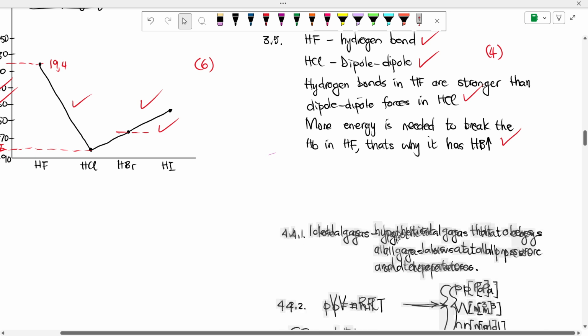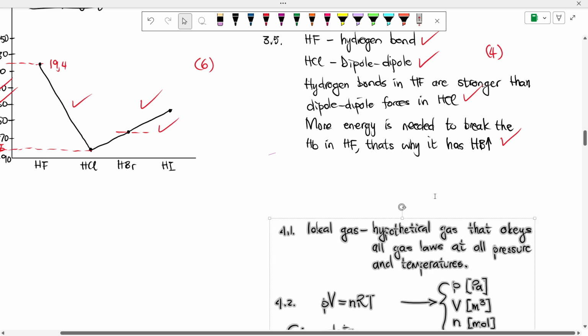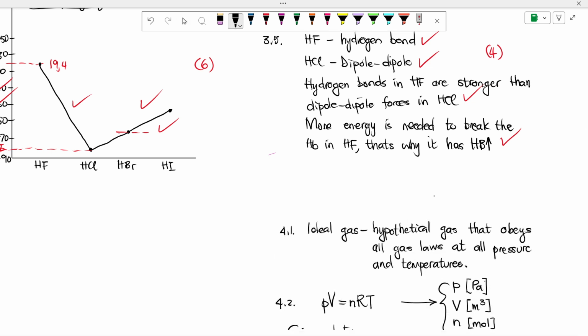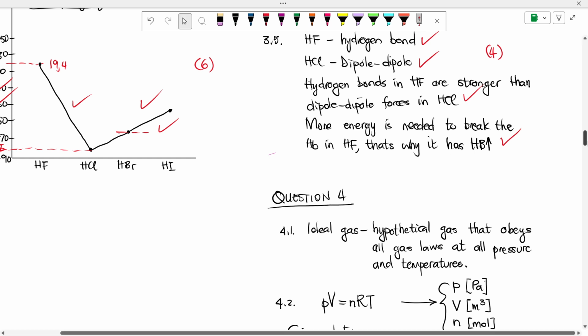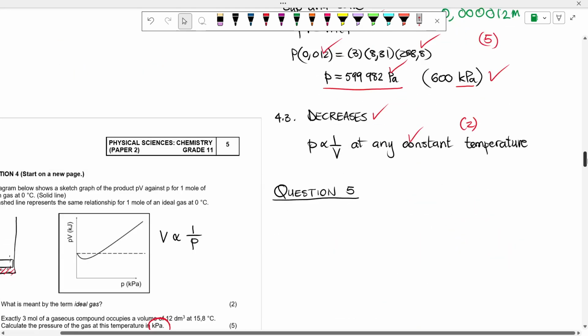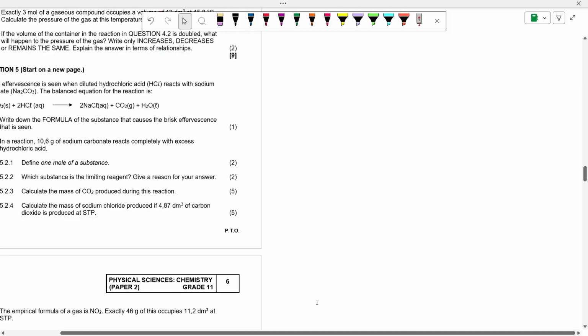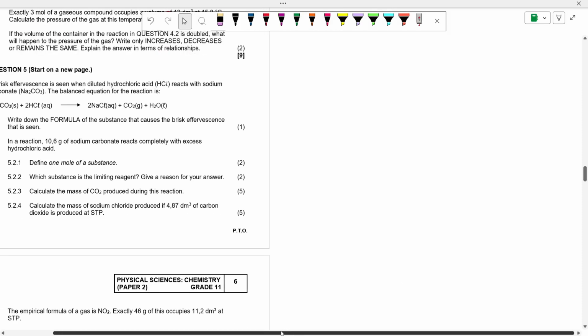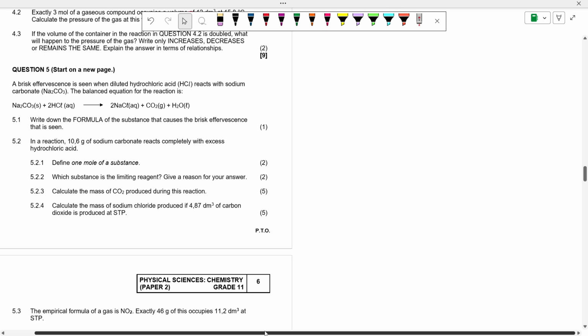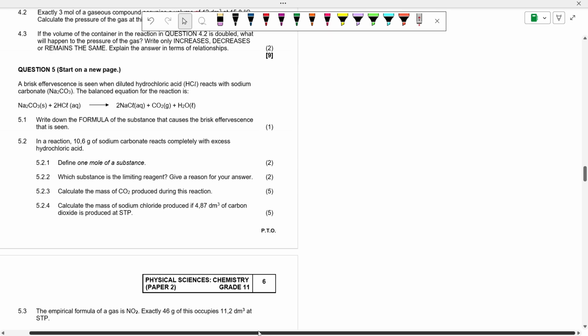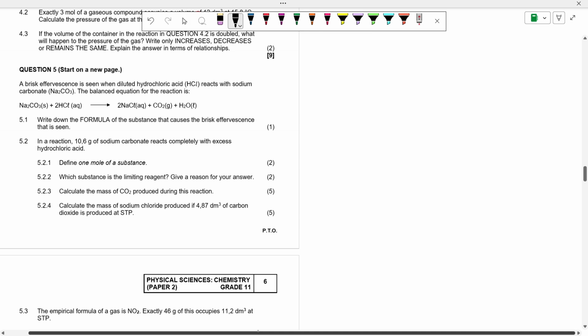Okay, cool. So this was question 4. Then question 5, you can read this statement for me. Let me just move it back to good position. Okay, I can read the statement for me.